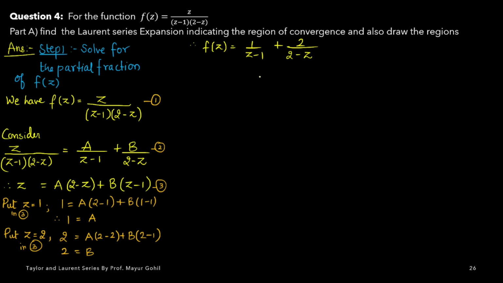Now comes the whole part. We have to find the region of convergence. The region of convergence we will get from the partial fraction, or we could also have got it from equation 1, but let me take you through the partial fraction. The partial fraction we got, let me call this equation number 4. I'll put a blue mark over here.